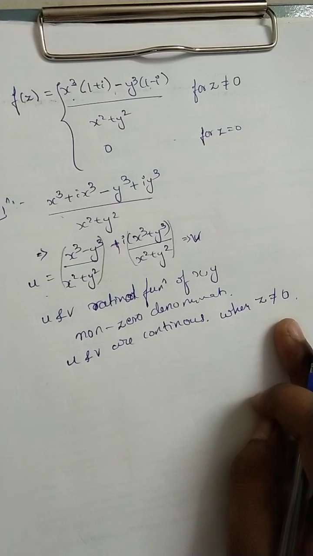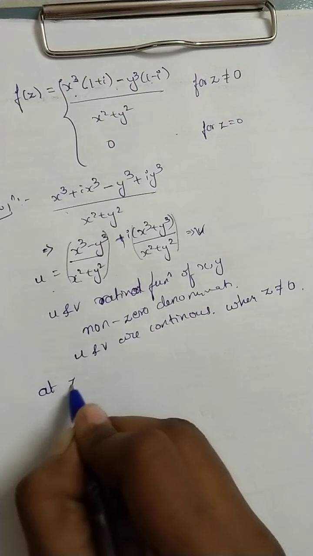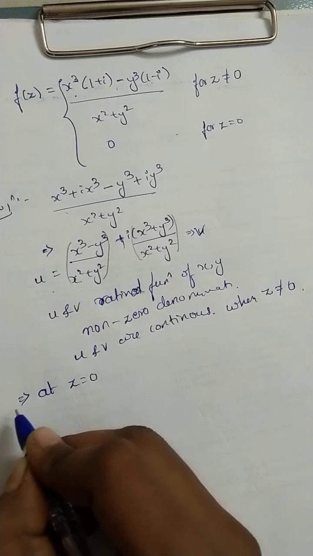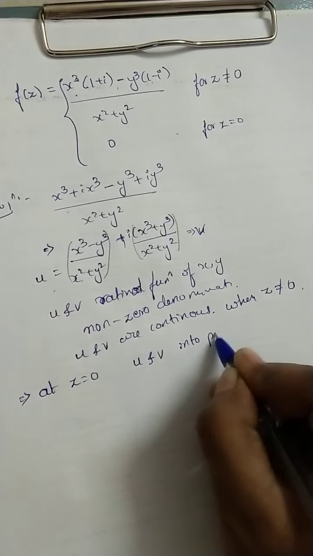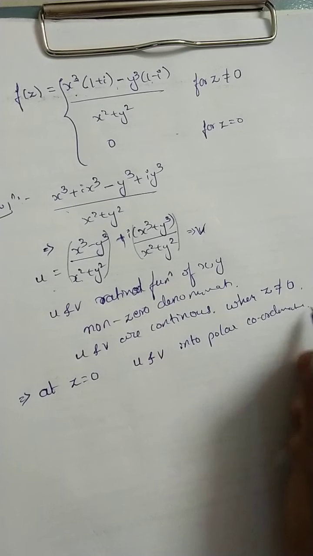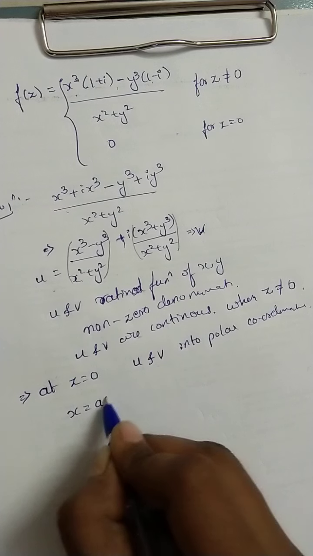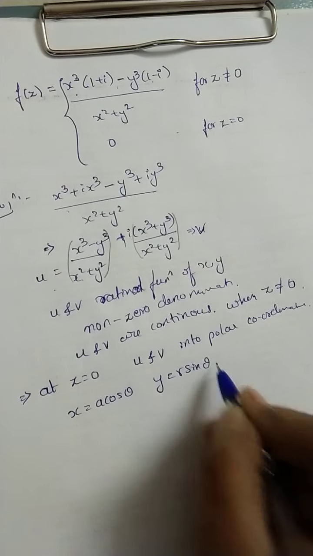Now we have to prove it for the origin. To test the continuity at z equal to 0, we have to change u and v into polar coordinates. When we consider polar coordinates, we put x equal to r cos theta and y equal to r sin theta.